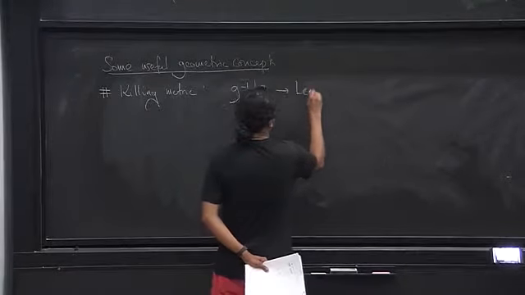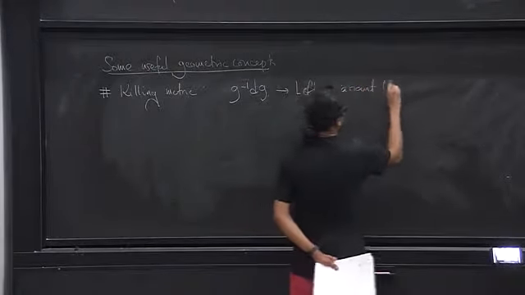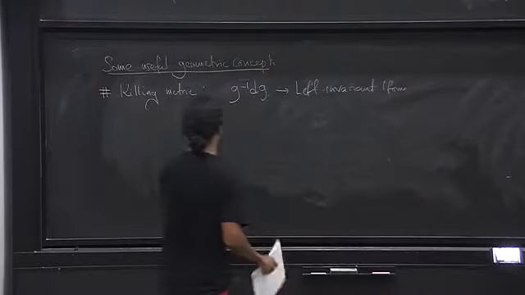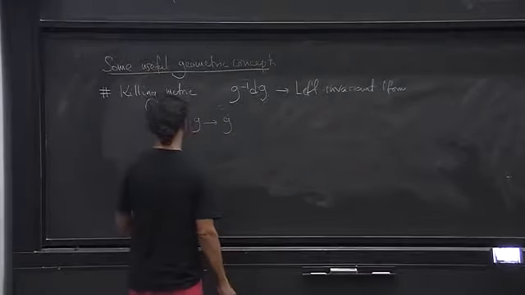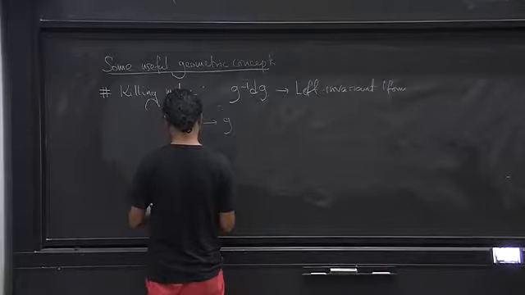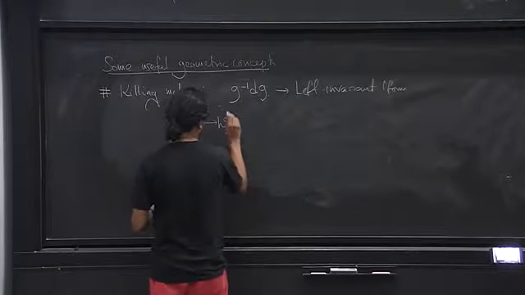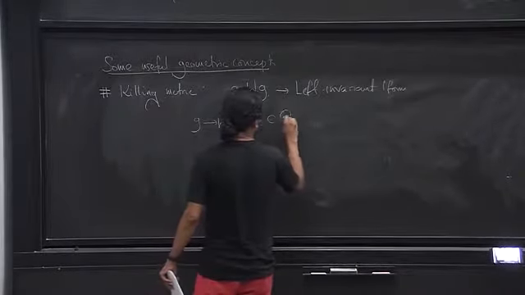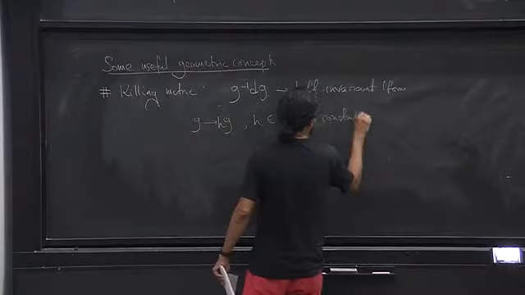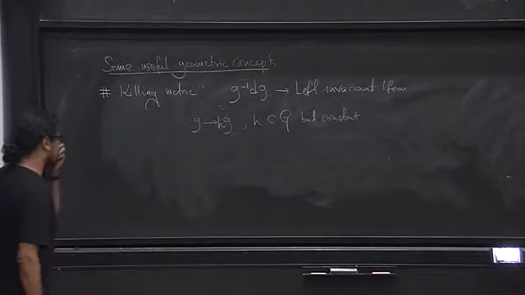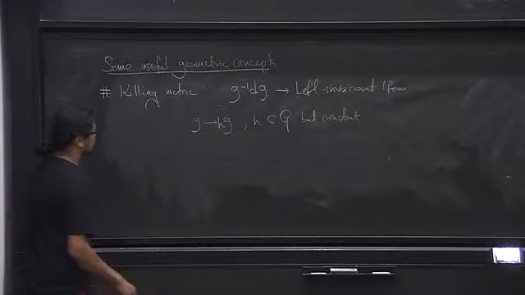It derives its name from the fact that if you replace g by h times g, where h is in the Lie group G but constant, meaning that the derivative operator doesn't act on it, then this object is invariant under this transformation.